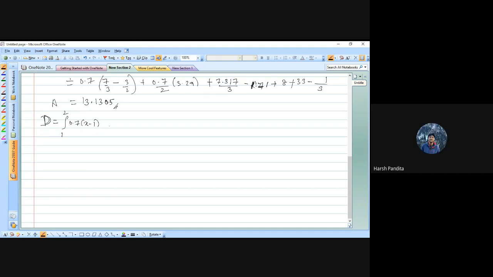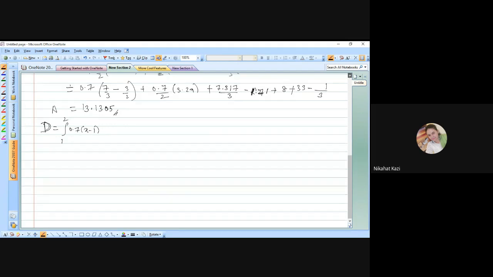Ma'am, can we simply find the area from the graph instead? Yes, you can find the area from the graph, and then you will have to sum up till that point. You need the areas individually.